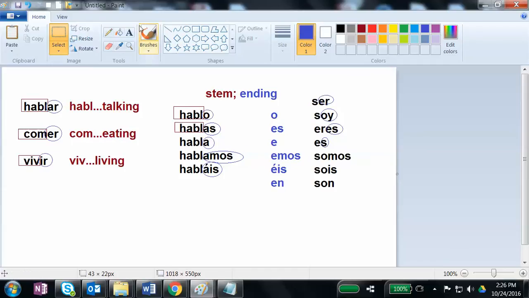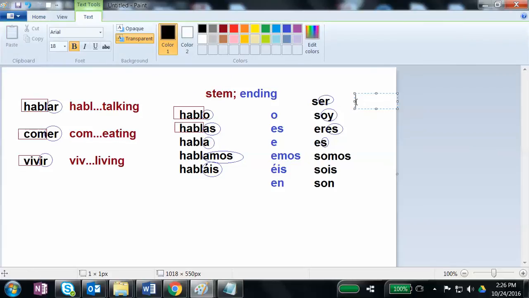And another one that would be an example of that is tener, which you guys should have seen before. Here's tener. Tengo, tienes, tiene.